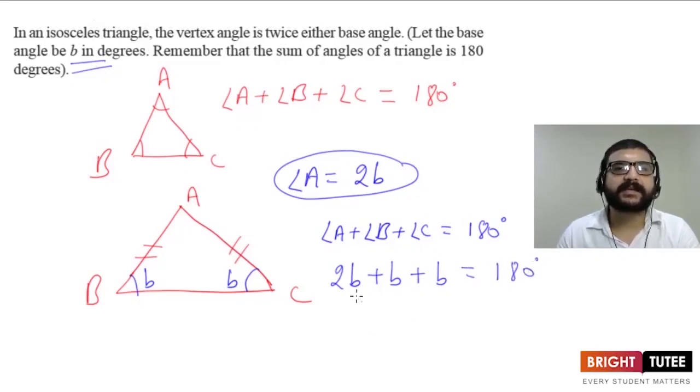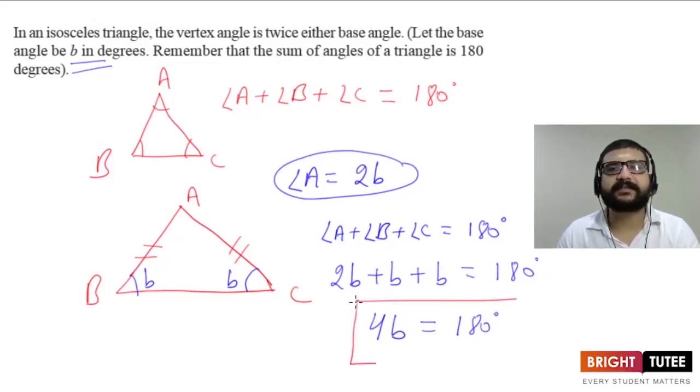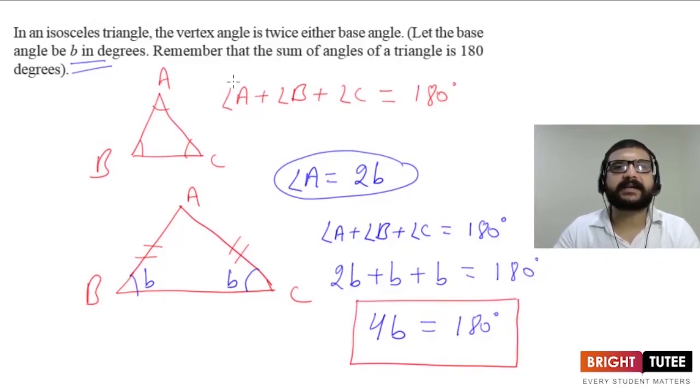Now this becomes 2B plus B plus B, which gives us 4B, and this is equal to 180. So the equation becomes 4B is equal to 180 degrees. So this is the equation representing the given statement.